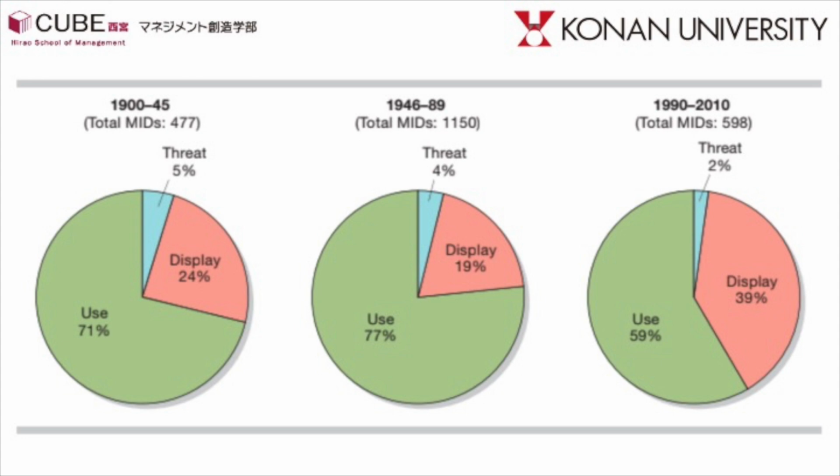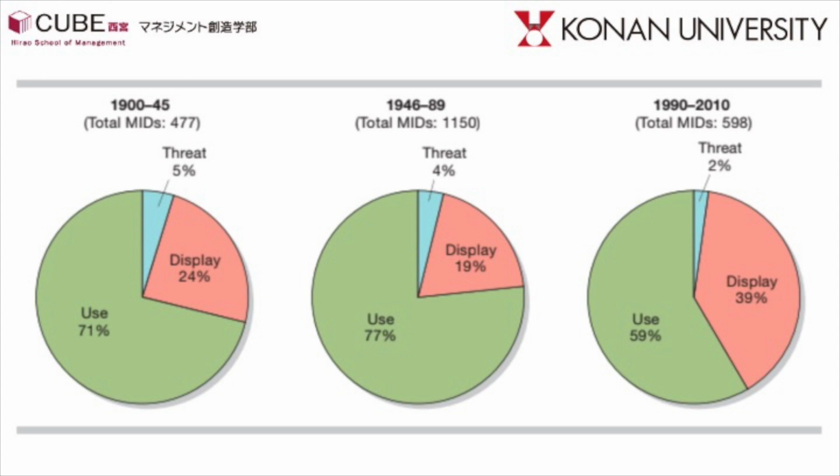And compared to the first half of the 20th century, uses of force more typically characterized MIDs during the Cold War. So you can see the part in green, the use of force during MIDs has slowed or decreased to some degree in the post-Cold War period compared to the Cold War era or the years between 1900 and 1945.